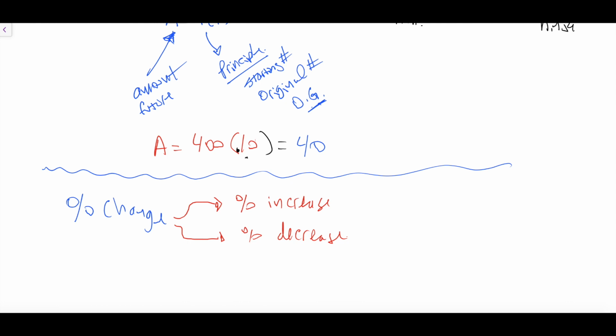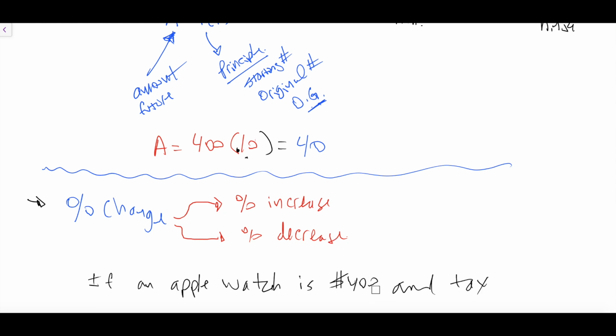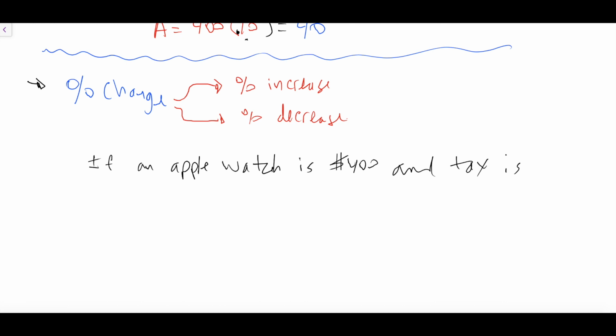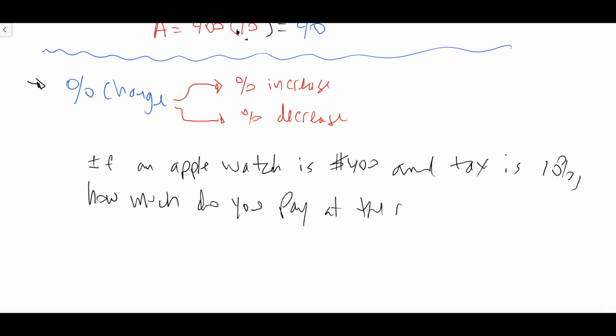All right, well, before we really dive into this problem, we're going to ask ourselves: if an Apple Watch is $400 and tax is 10%, how much do you pay at the register?